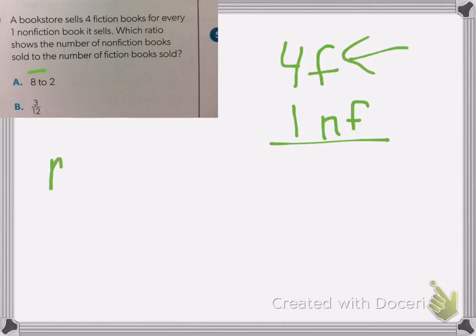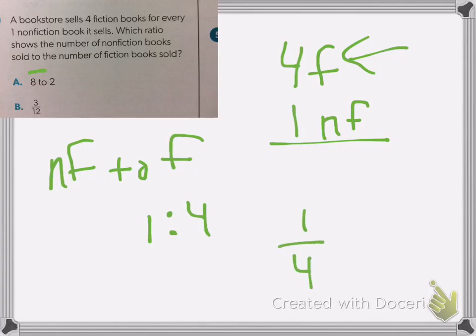So we're doing nonfiction to fiction. So it was 1, 2 dots, 4. See the little 2 dots, here we go. Or you can do 1 over 4, or 1 to 4.